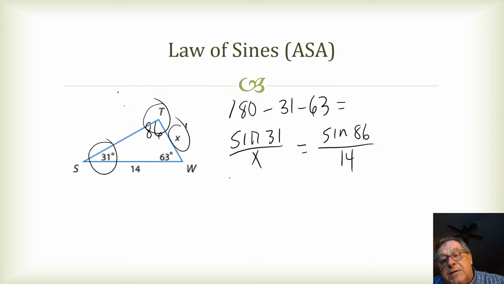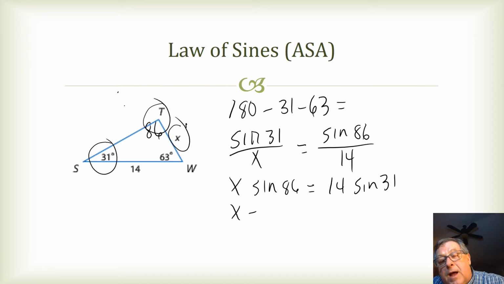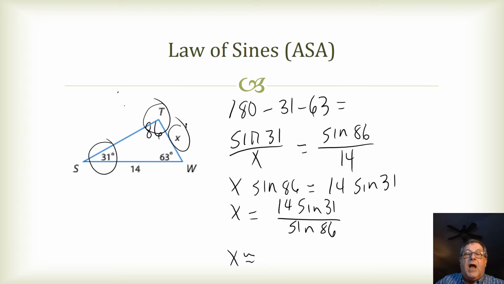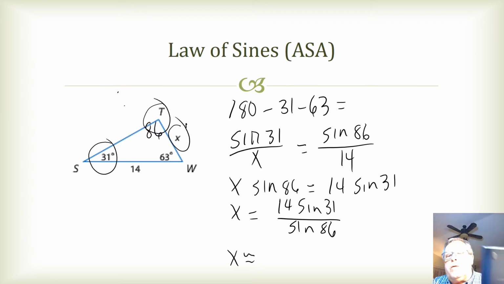That gives us x times the sine of 86 equals 14 times the sine of 31. Let's divide both sides by the sine of 86, and we get 14 sine 31 over sine 86, which should give us an approximate side measure for side TW, where we're solving for x.